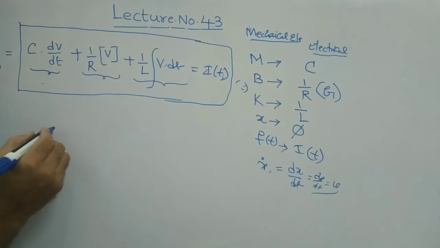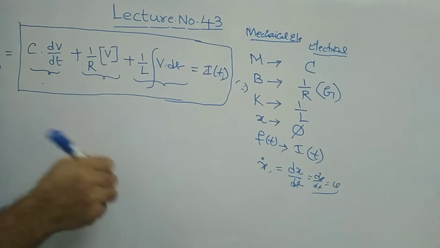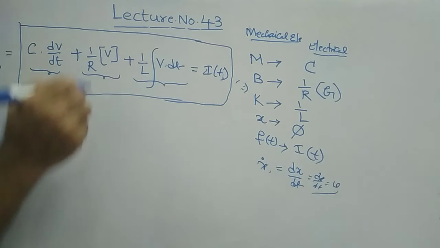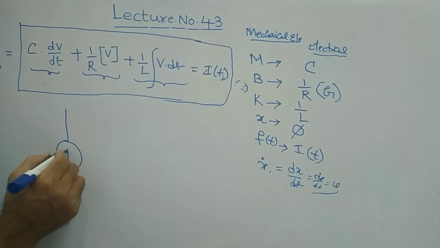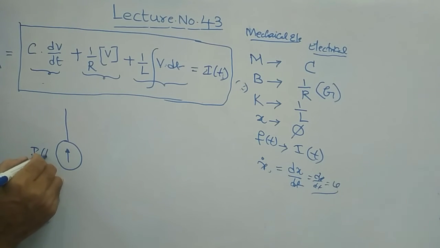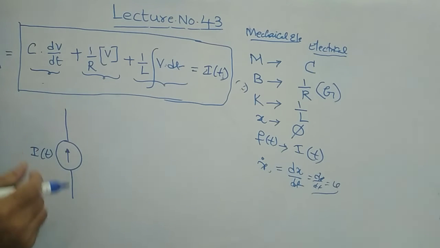So now for your I of t, the corresponding electrical circuit, means all these elements, if you represent in an electrical network form, this will be like this. Always remember that in current, if you represent the current as input, all elements will be in parallel.